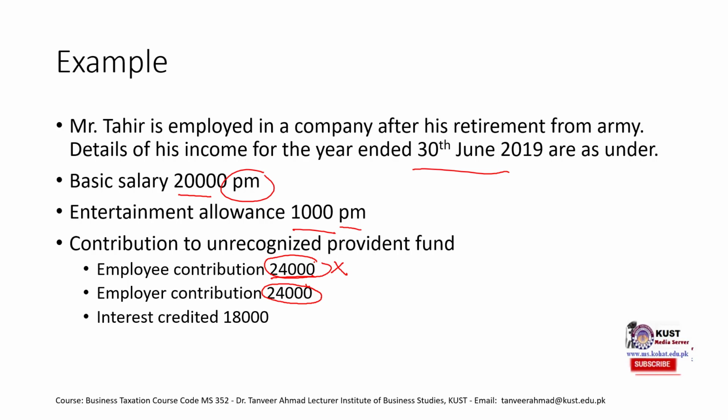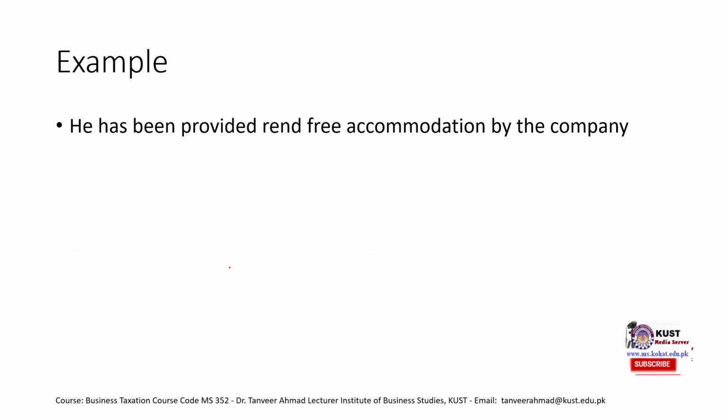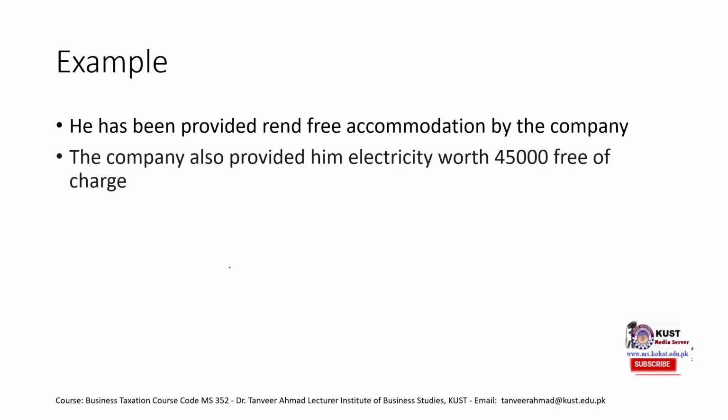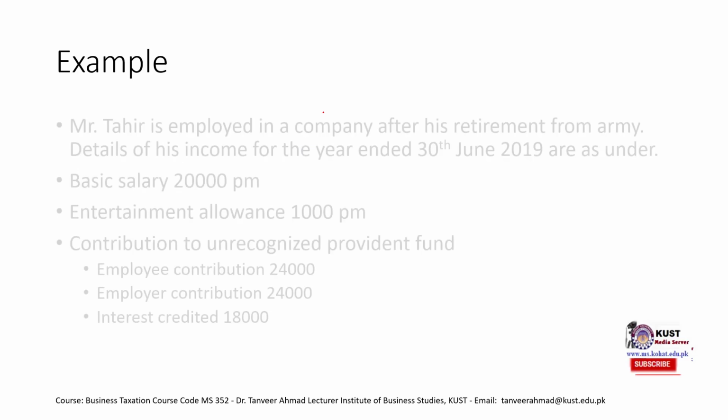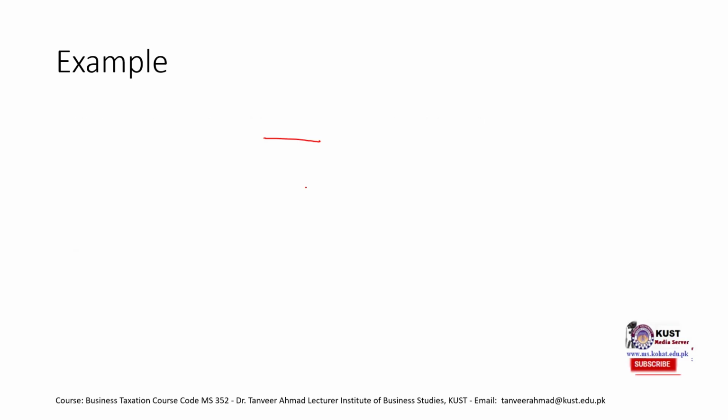In case of an unrecognized fund, the employer contribution is not taxable, and the interest is also not taxable. Then he has been paid rent-free accommodation. You would have to calculate 45% of the basic minimum of the time scale. As the minimum of the time scale is not available in this case, you would have to use the basic salary, the yearly basic salary, remember, not monthly.